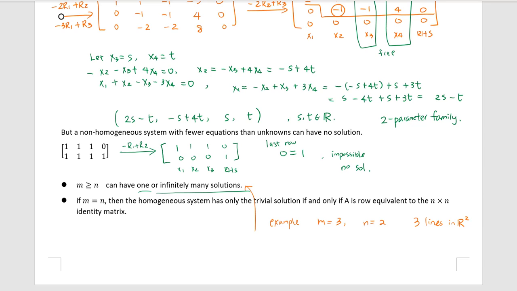And we know they must pass through the origin, right? So we can have this picture. They must pass through the origin, or they could be the same line. Then that's why we can have one solution or infinitely many solutions. Okay, so sometimes drawing the picture can help us to understand.